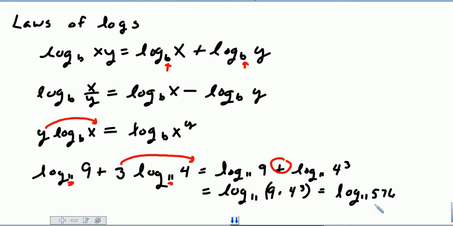If you want to actually put that in your calculator, you could say log of 576 divided by log of 11 and get an actual numeric value. But most of the times when you're looking at this type of problem, they're simply wanting you to either simplify it or break it into the multiple pieces to work the problem backwards. But if you need an actual numeric value, do log of the big number divided by log of the little number, and that number actually works out to 2.65.